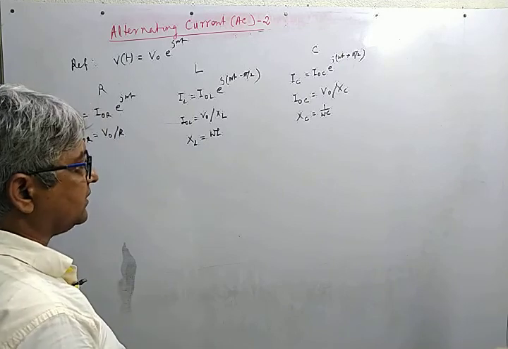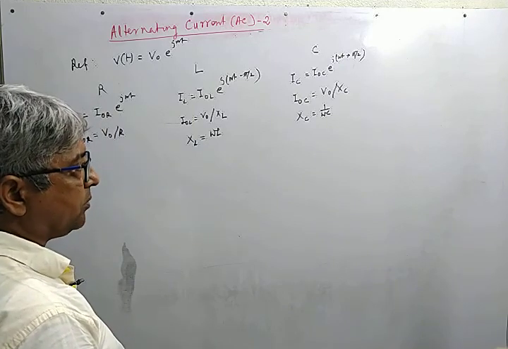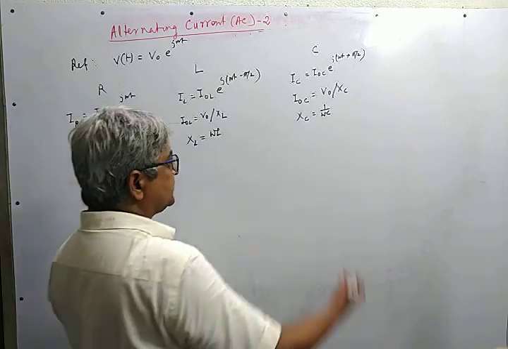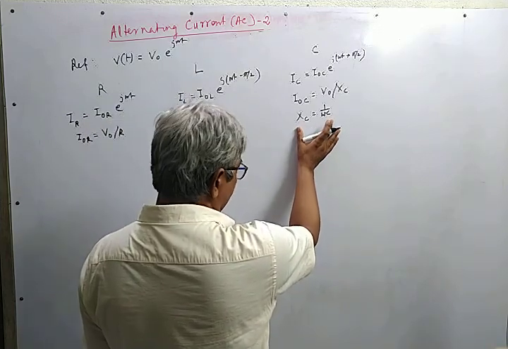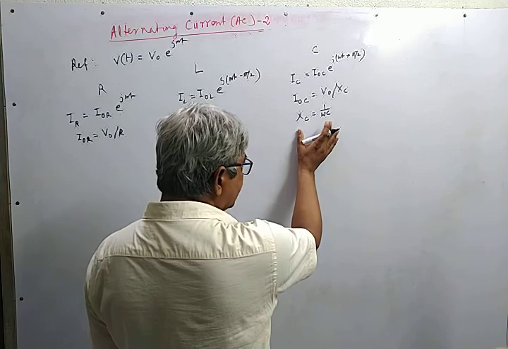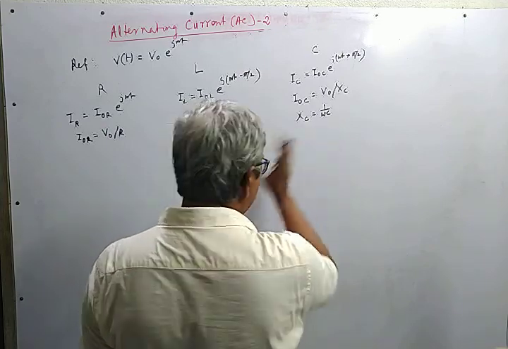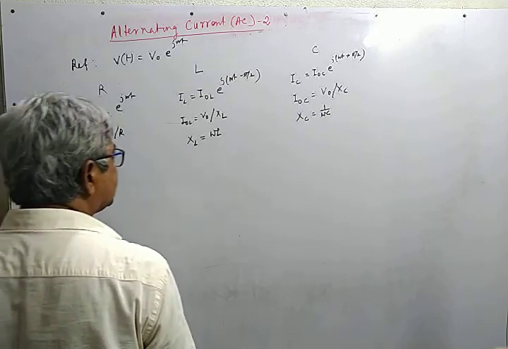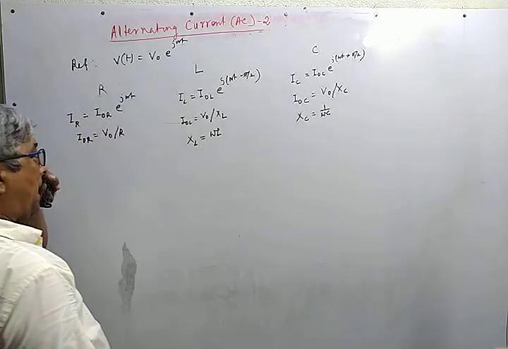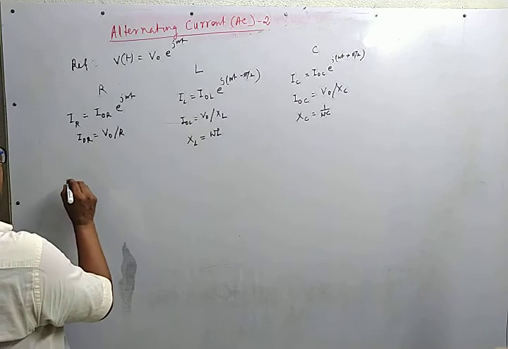For a DC signal, T is infinite, so omega is 0, and since omega is 0, XC is infinite, so a capacitor offers infinite resistance to the passage of a DC current signal.